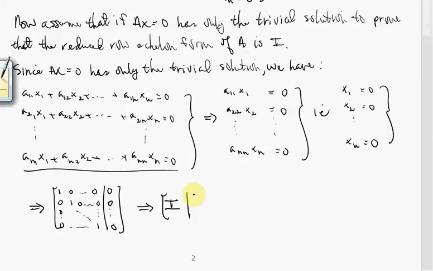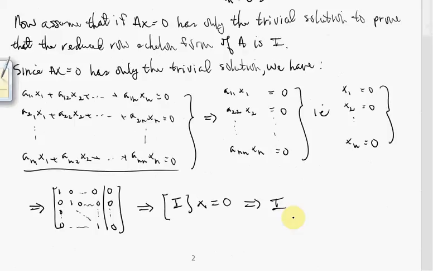Here with 0, 0, and so on to 0. Or better yet, this is the identity matrix times x equal to 0, and this implies the identity matrix.